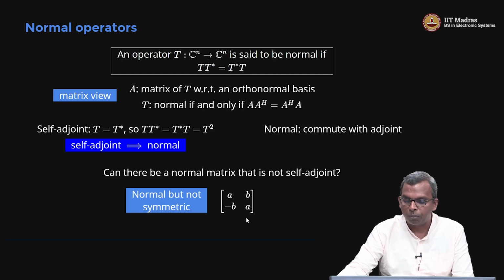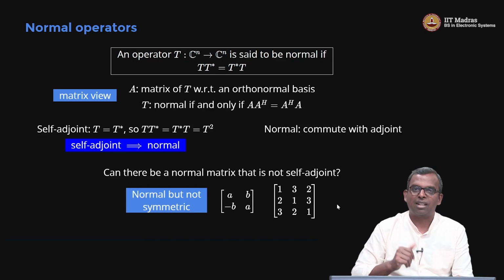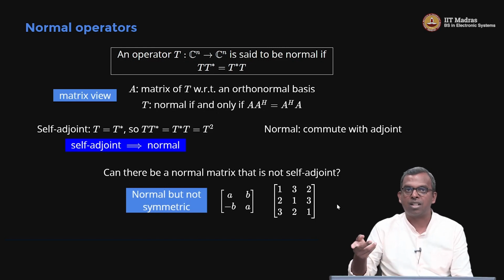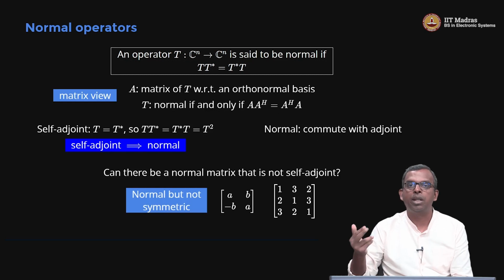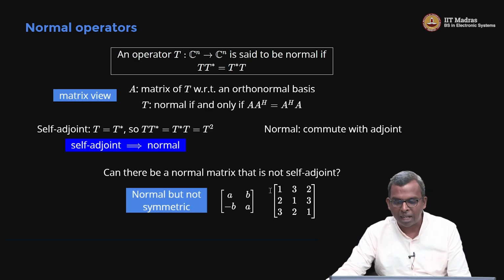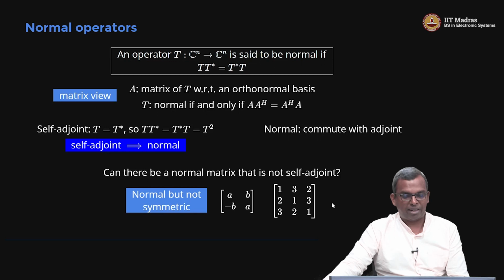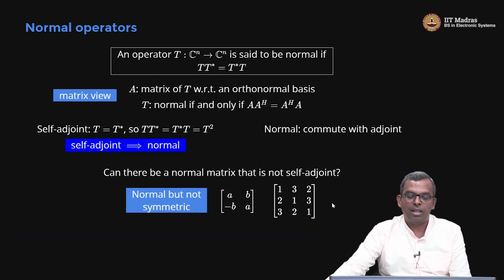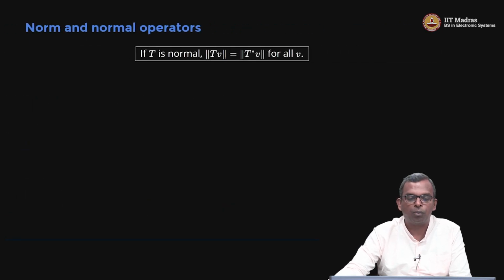So, both are equal. So, this is normal. Also, the circulant matrix that I had, you can check this. This also will commute with its transpose. So, A A transpose will be equal to A transpose A. You can check that. So, there are matrices which represent normal operators, but they are not symmetric, okay. So, this is an interesting set, it is a more general set than before, okay.